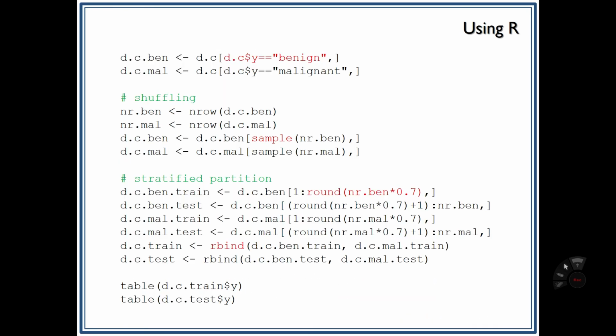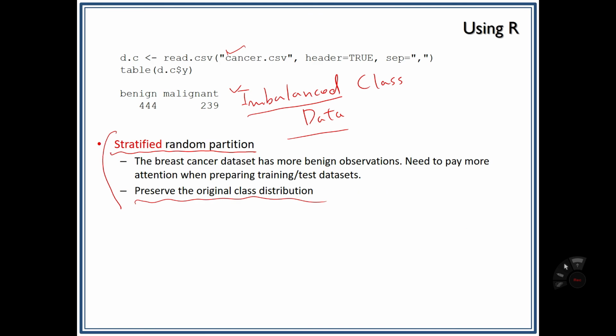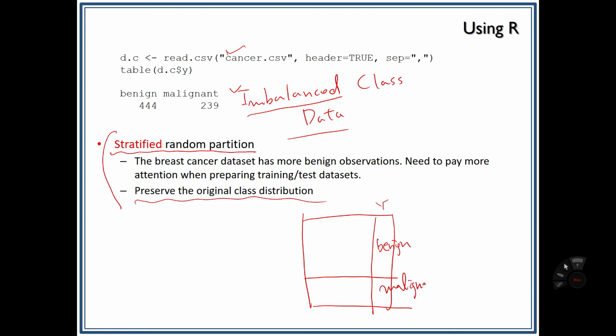The idea is this. In our breast cancer data set, we have the Y class, and we know that there are more benign and fewer malignant observations.